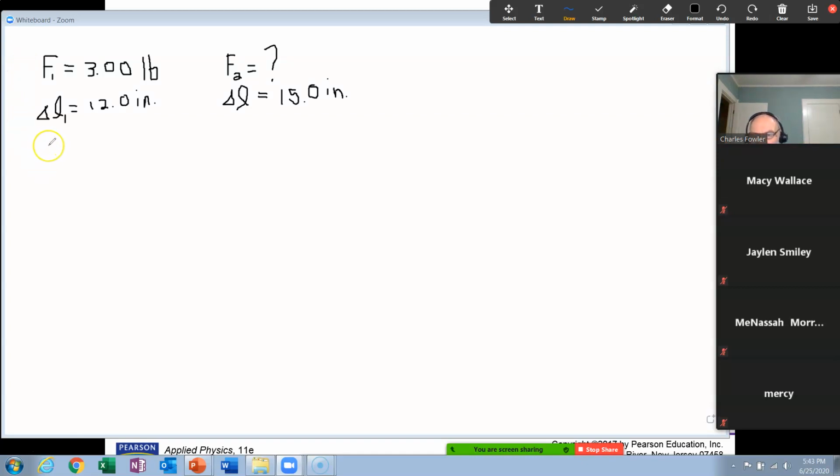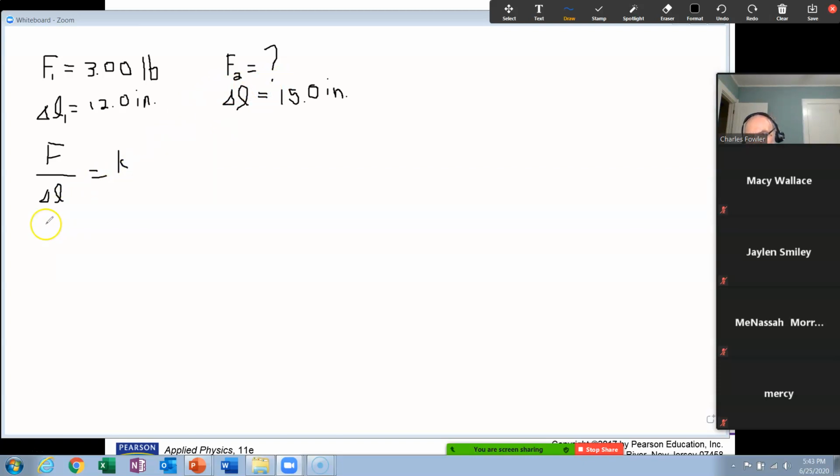Now we'll use the book's definition this time and do F sub 1 over delta L sub 1. The ratio of that is going to be the Hooke's law constant. Now the reason we can do this, it's the same spring between here and here. Okay, so this will give you K. See, that's what we don't know, or else we would be able to solve this.